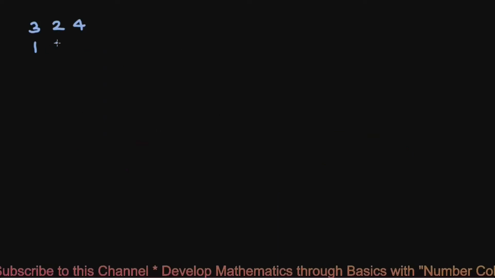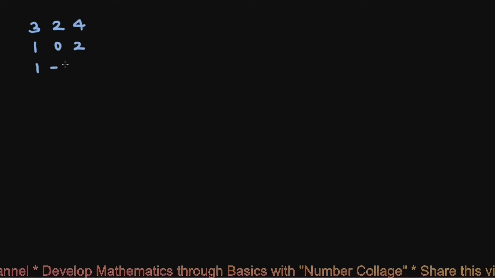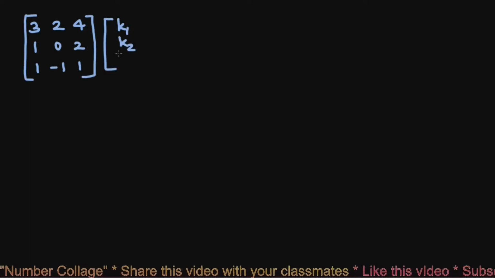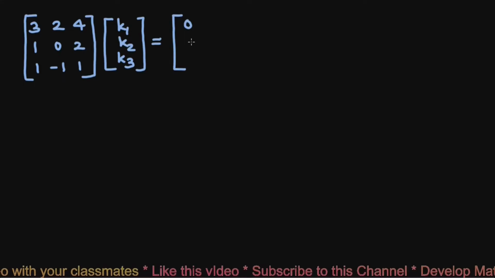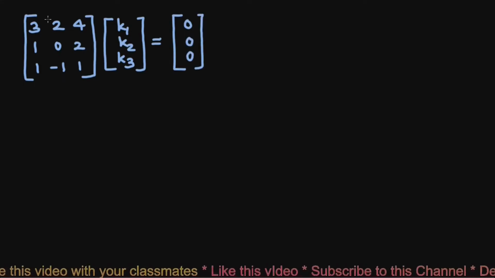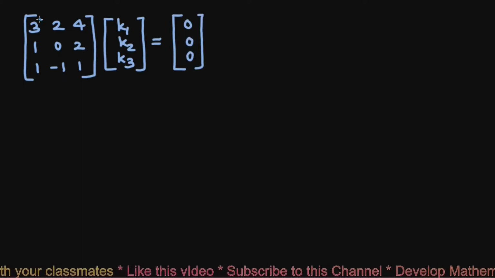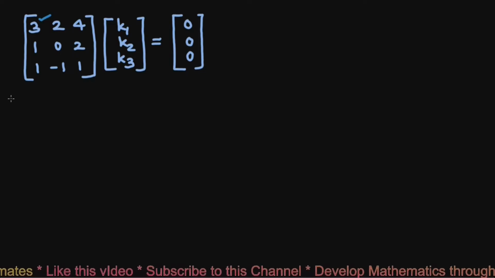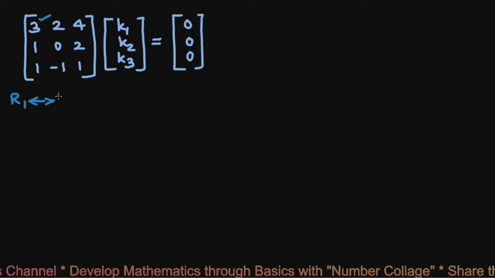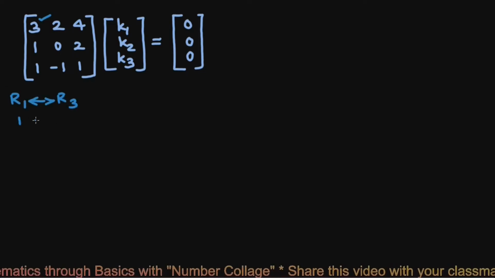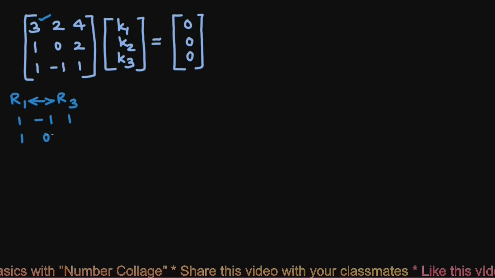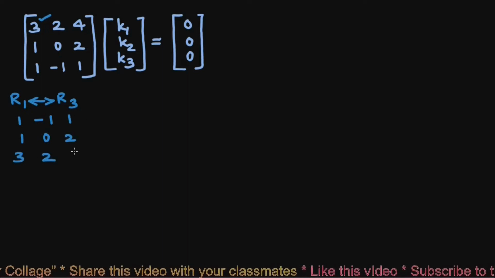Let us rewrite the matrix equation. In order to make the first element 1, we will interchange the first row with the third row and write 1, minus 1, 1; 1, 0, 2; 3, 2, 4.